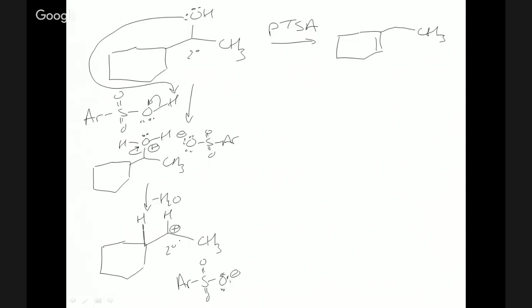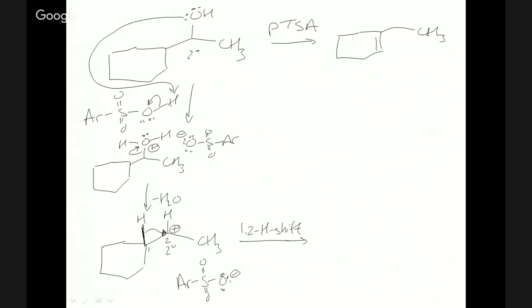And what can happen is, again, for the same reason that this CH bond can stabilize the p orbitals, it can, in certain cases like these, shift over. That H and its pair of electrons, so the arrow doesn't start up here at the H, the arrow starts in the middle of the bond, it's shifting over, and it's going from the 1 to the 2 position. It's a 1-2 hydride shift.